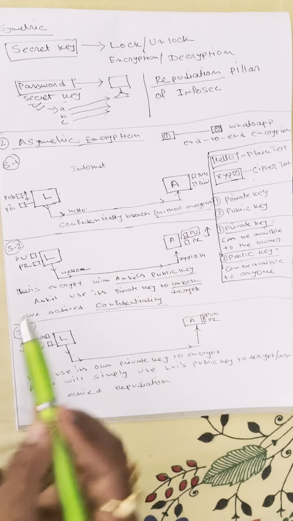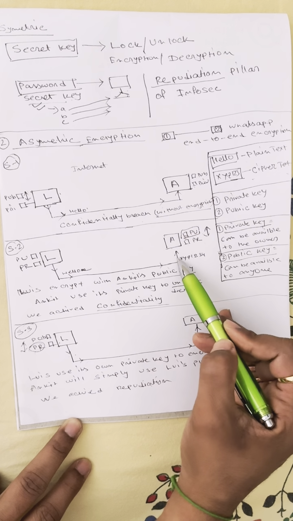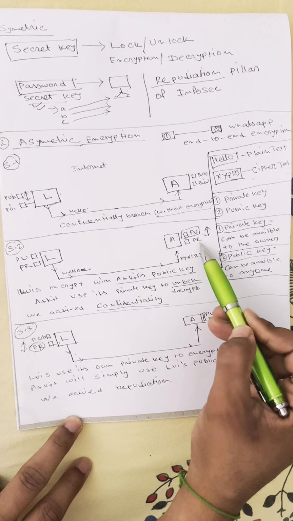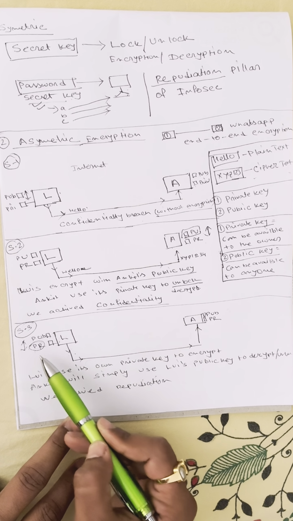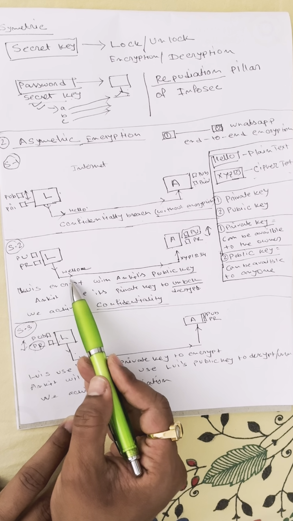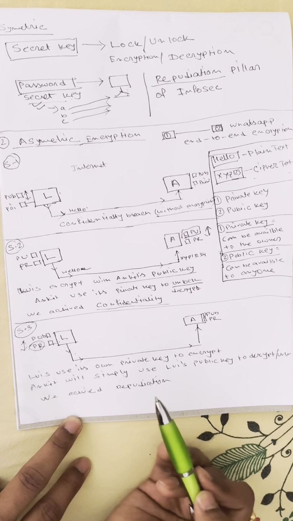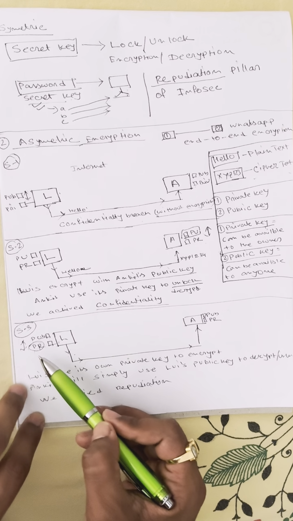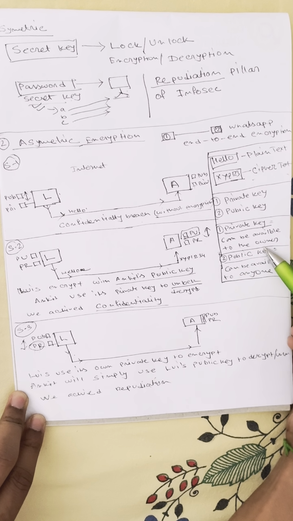In the earlier situation, see, Louis sent this message by using Ankit's public key, right? And Ankit decrypted this message by using its own private key. In this scenario, Louis sent this message by its own private key. Here we are getting repudiation because it is encrypted by its own private key, and the private key can only be available to the owner.